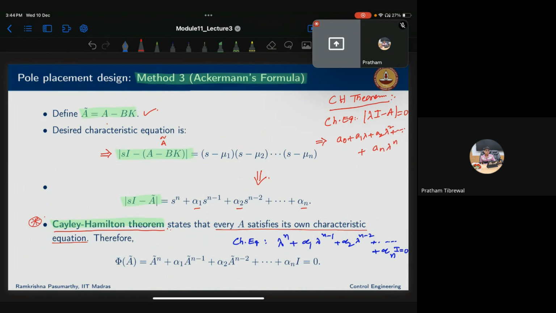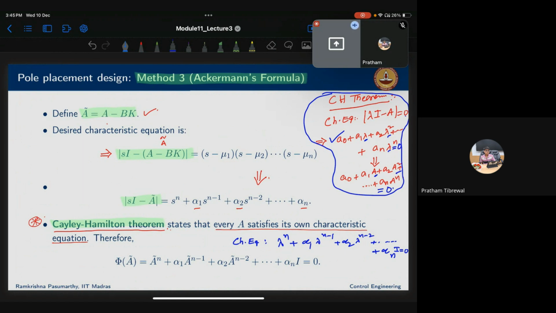The Cayley-Hamilton theorem says that this is equivalent to a0 plus a1 A plus a2 A squared plus etcetera plus an A to the power n. It means that when you take the characteristic equation lambda I minus A, in place of lambda, if we substitute the A matrix, that will also be equal to 0.